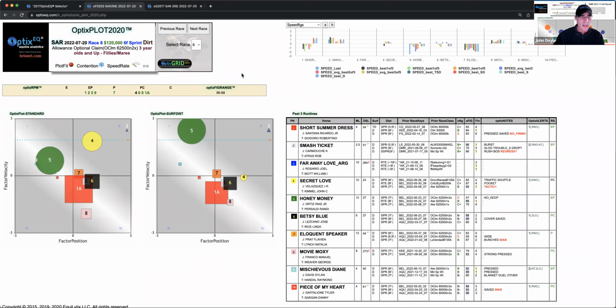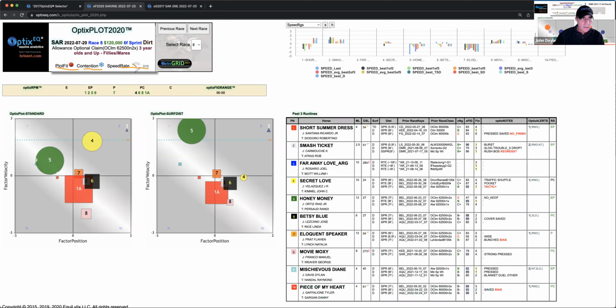So I'm going to start with the plot. And the first thing you'll notice is we got a plot fit of red. Okay, and that's not the best of things, but we still can make use of this plot. First thing I notice is the contention is a snowflake and the speed rating is 10.